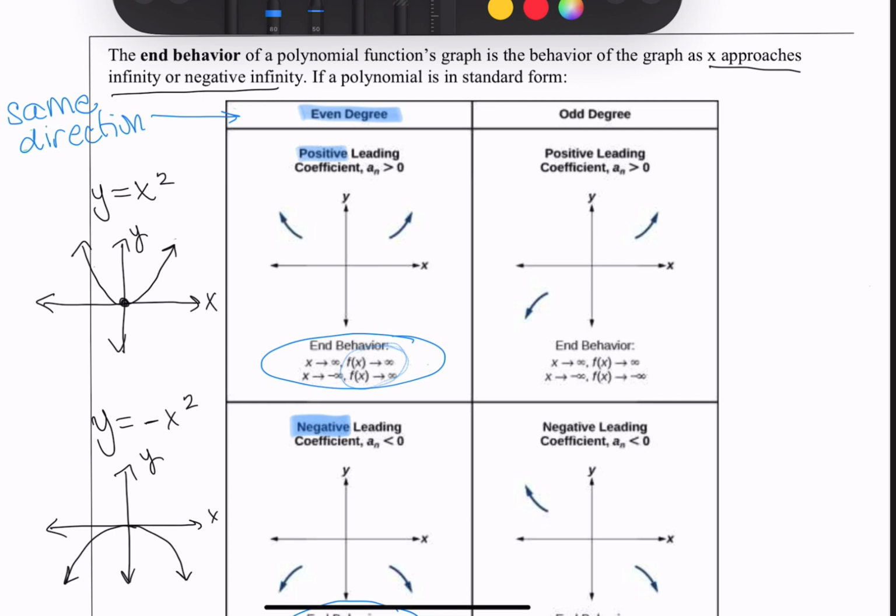Well, what about the odd degree? So an odd degree polynomial, what I'd like you to think about when you think about an odd degree polynomial, and this one's a little bit newer to you, but I'd like you to think about the parent function y equals x cubed.